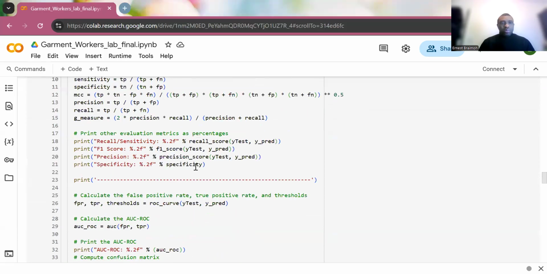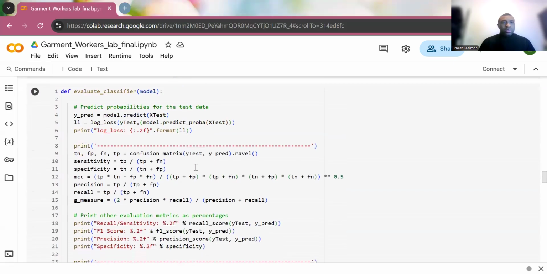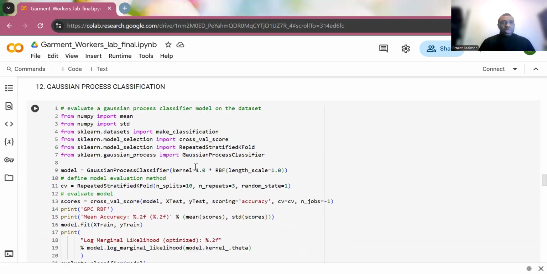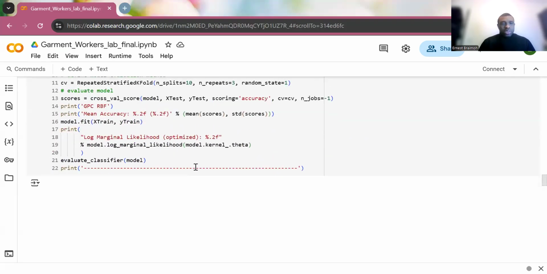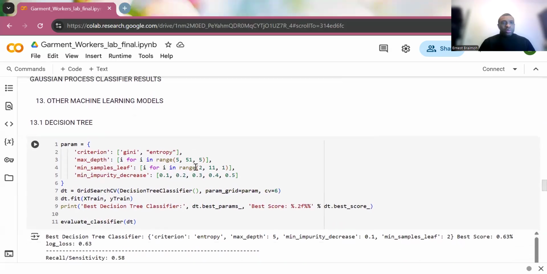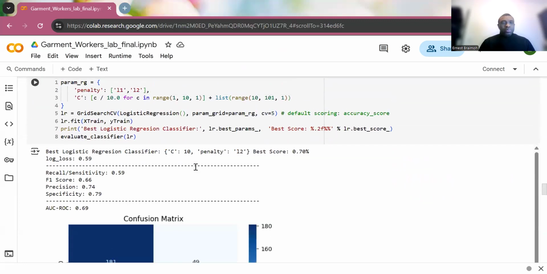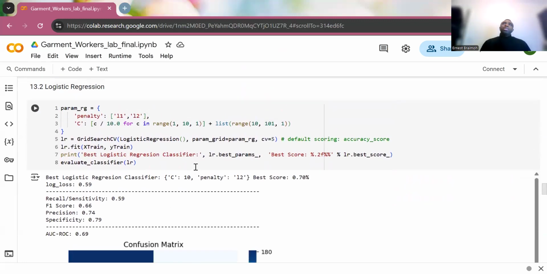Then the work starts, the models I started using. The models started with Gaussian process classification. I did another of the Gaussian classifiers to show the pattern of how the models are selecting and picking their work.